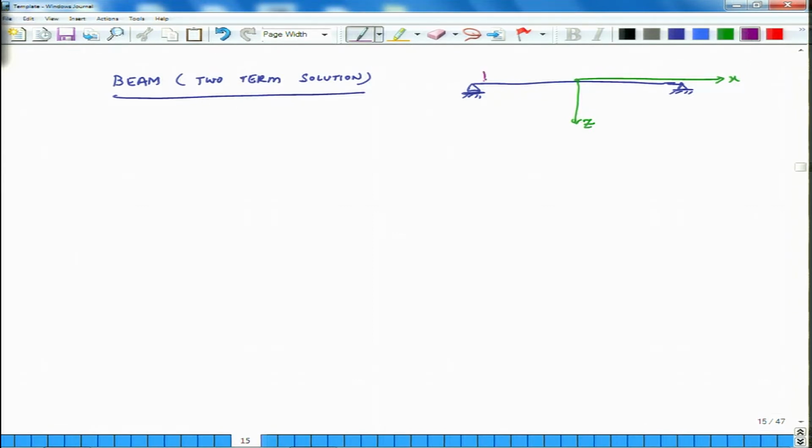The beam is again experiencing a uniformly distributed normal load, which is q newtons per meter or q naught newtons per meter. The length of the beam is L, so this is minus L over 2 and this is plus L over 2. What are the boundary conditions?